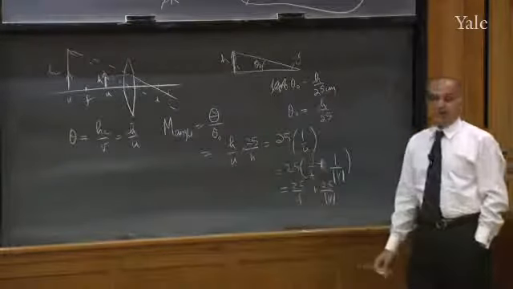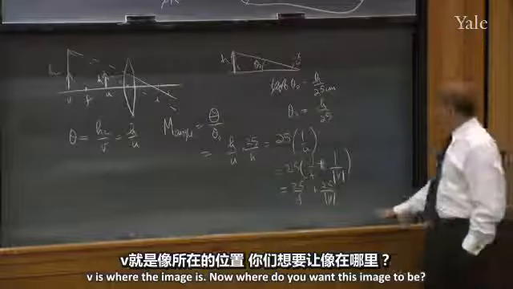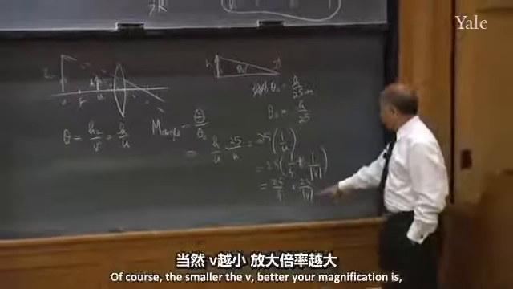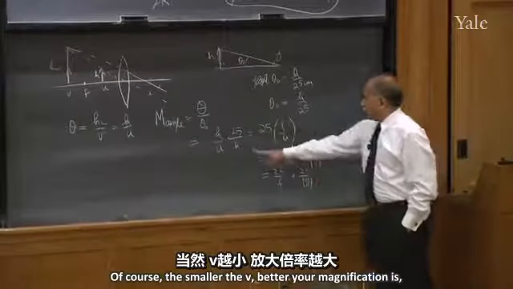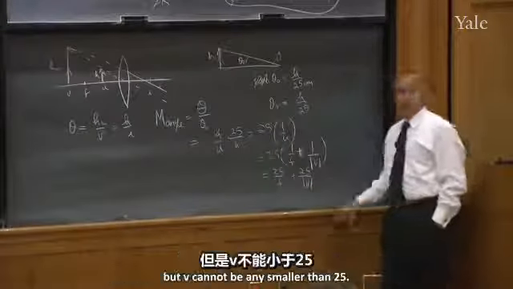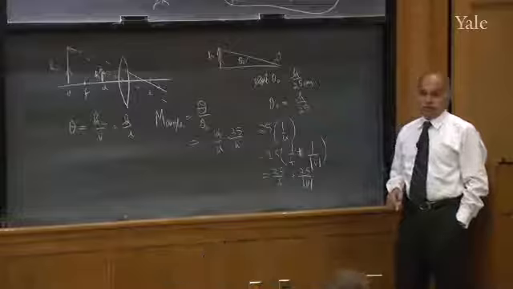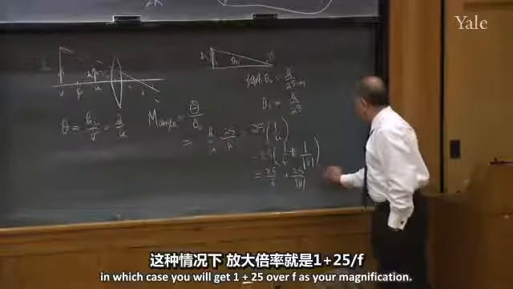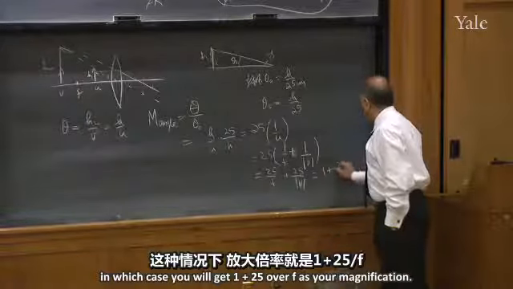V is where the image is. Now, where do you want this image to be? Of course, smaller the v, better your magnification is, but v cannot be any smaller than 25. The best you can do with v is 25, in which case you will get 1 plus 25 over f as your magnification.